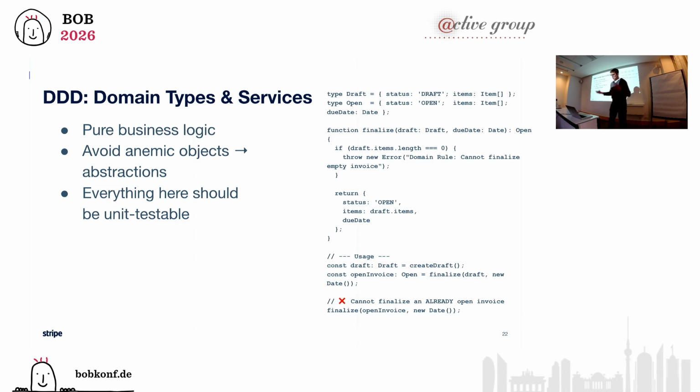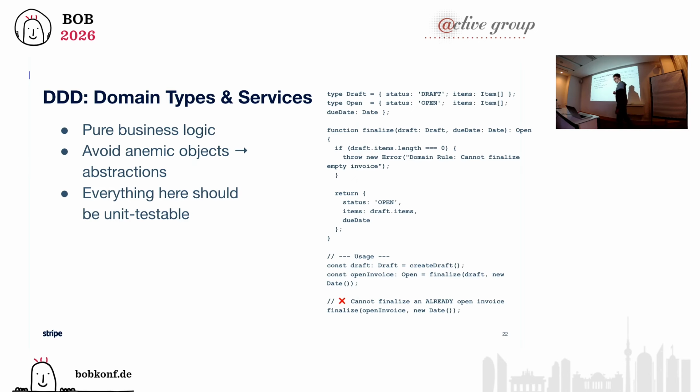Yeah, and then domain types and services. So this is your pure business logic. Here's an example. Basically, the idea is that you represent your domain here really well. I think one trap we fell in early, a leftover from our old way of thinking, was anemic objects.